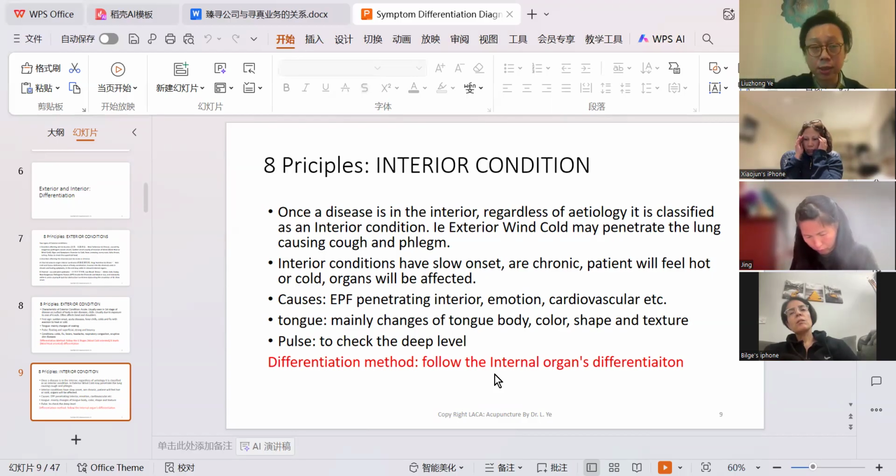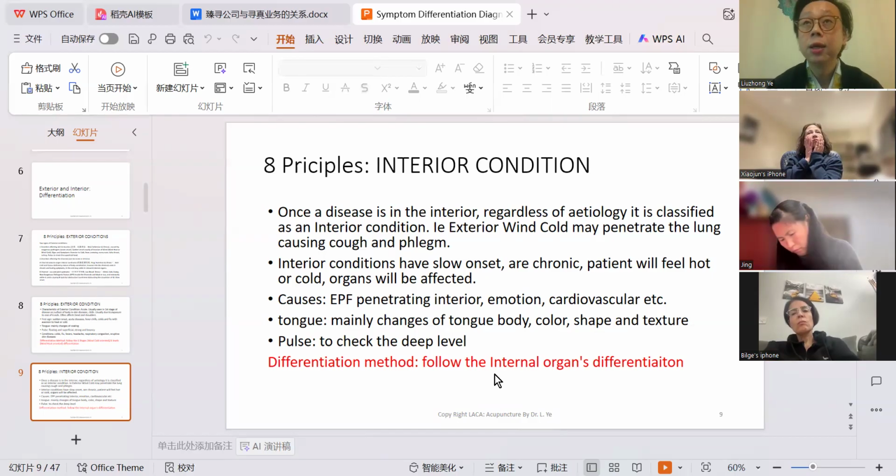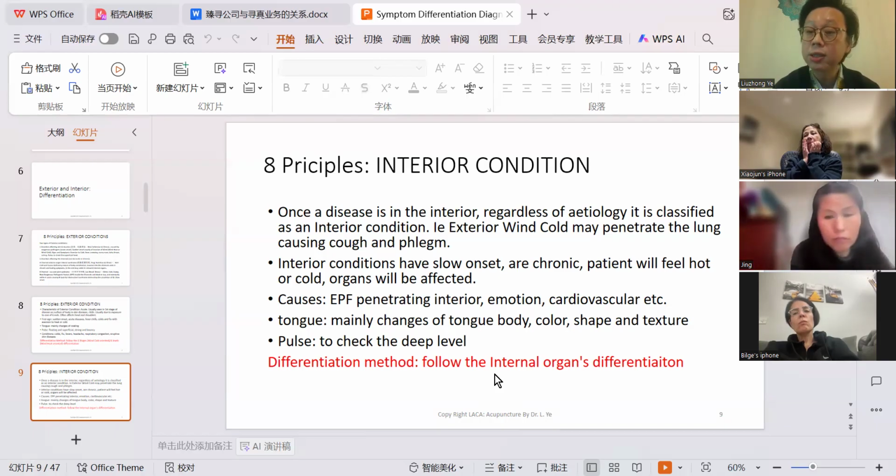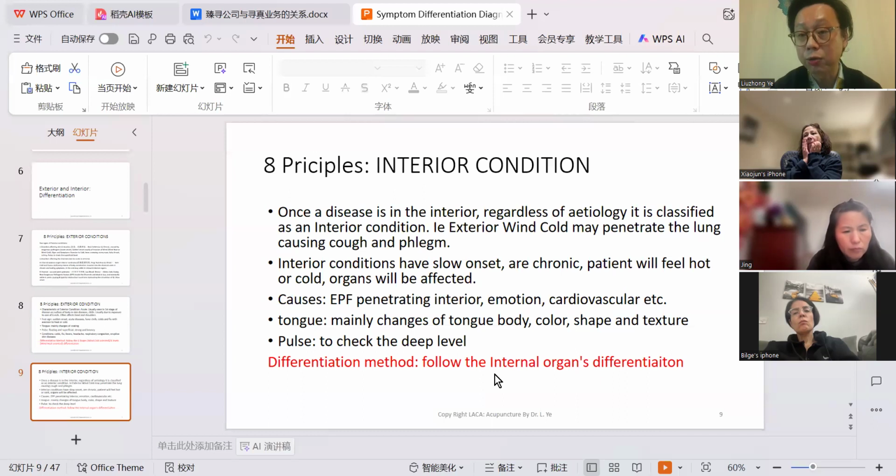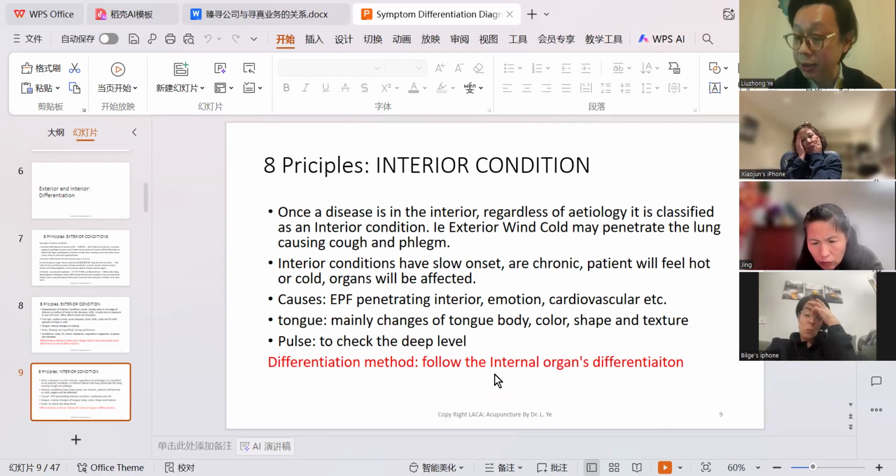First level: a condition coming from the exterior can be called an exterior condition, but when it develops into interior, like it started to harm the spleen with diarrhea, then you can call it interior. However, at that stage they are still not separated. That means you could call it an interior condition with exterior symptoms.